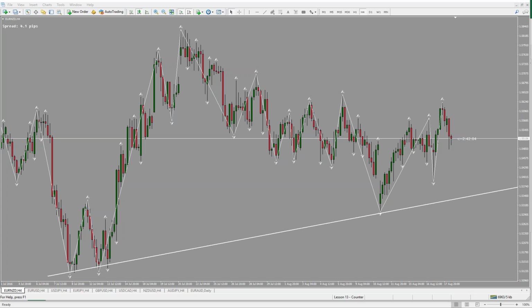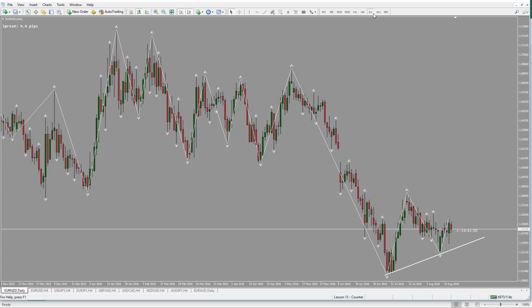Have I missed anybody's requests? I think I've got them all. So we're understanding what we're doing here. We're understanding what the aim is here. We're trying to draw more lines onto our charts.